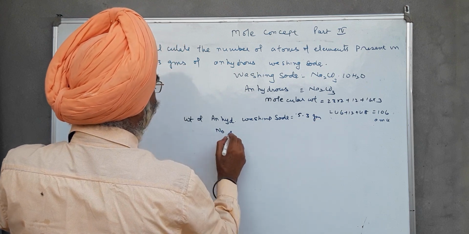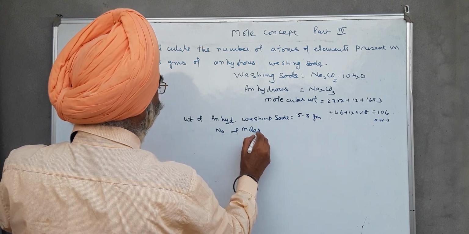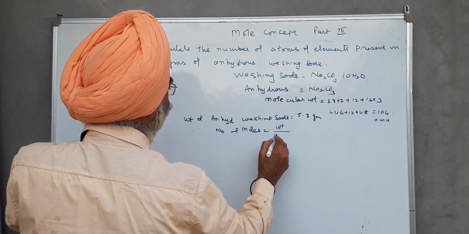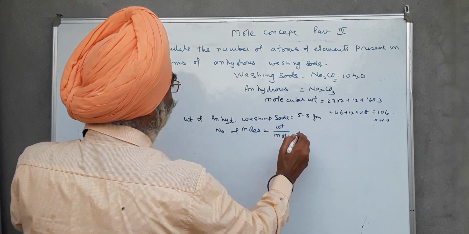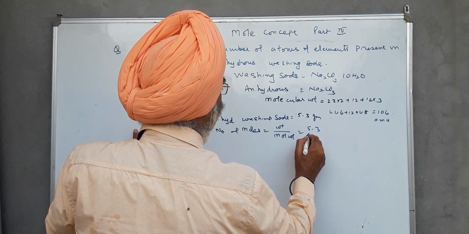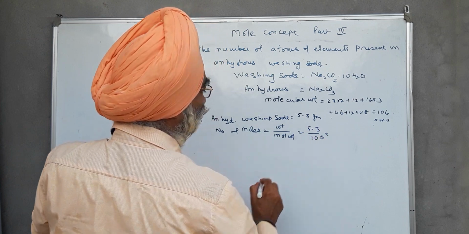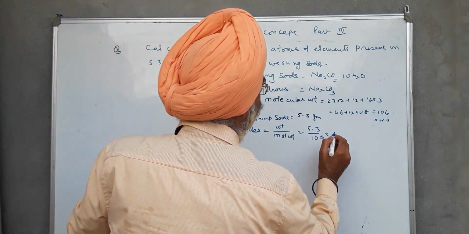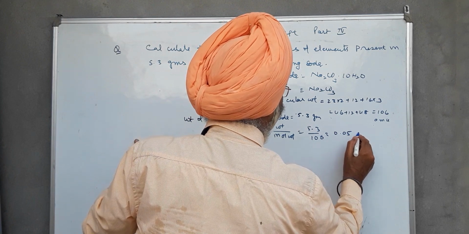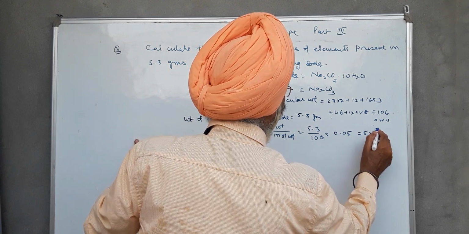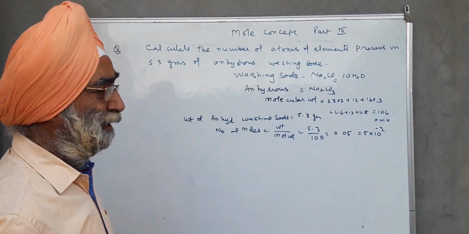Then its number of moles is weight over molecular weight, 5.3 over 106, which is 0.05. We may write 5 into 10 raised to the power minus 2.